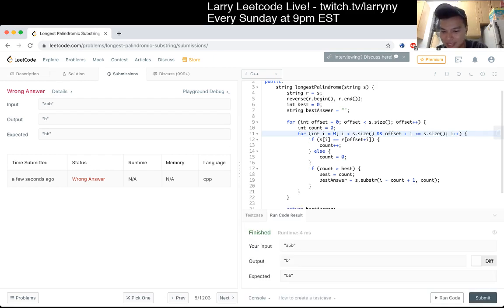Maybe that doesn't matter. So this 1. Well, this should be okay, but let's do the size. Oh, that doesn't make sense. So this should be like offset is 1.